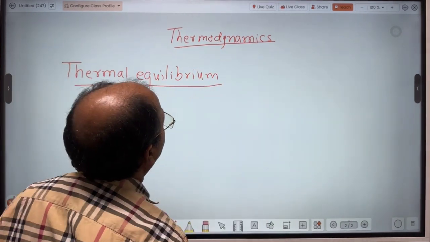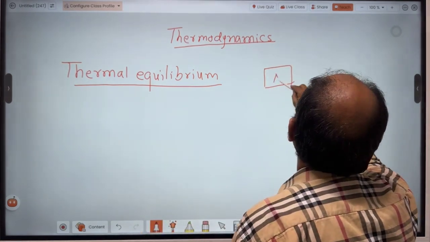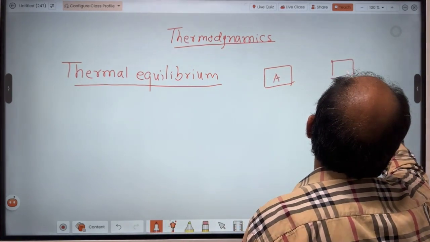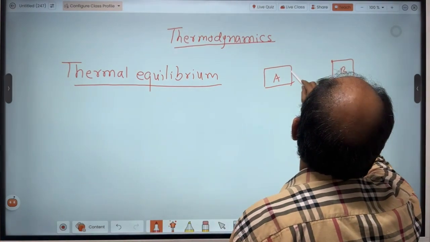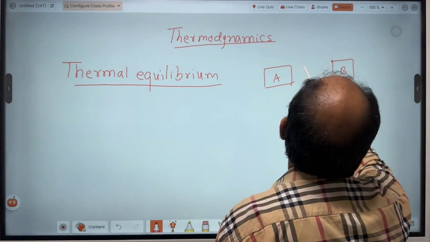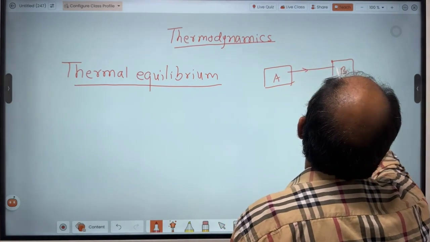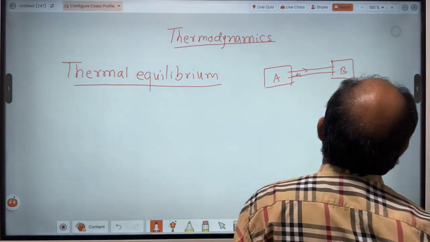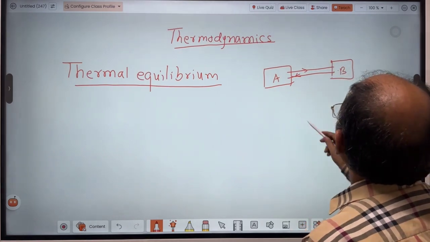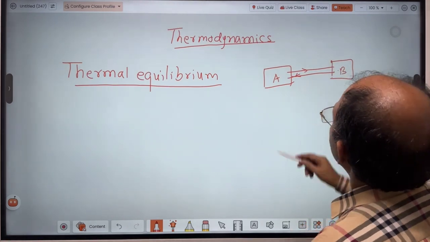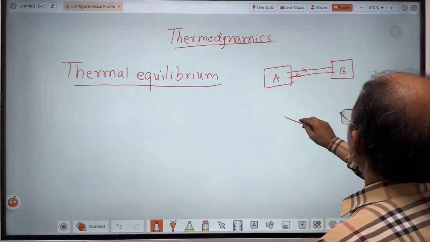What does this mean? If there are two objects, suppose this is object A, this is object B, and if they are connected by a conducting wire or if they come into contact and there is no heat flow from A to B or B to A, in that case, we say that A and B are in thermal equilibrium, right? So we can also say that if they are in thermal equilibrium, it means they must have same temperature.